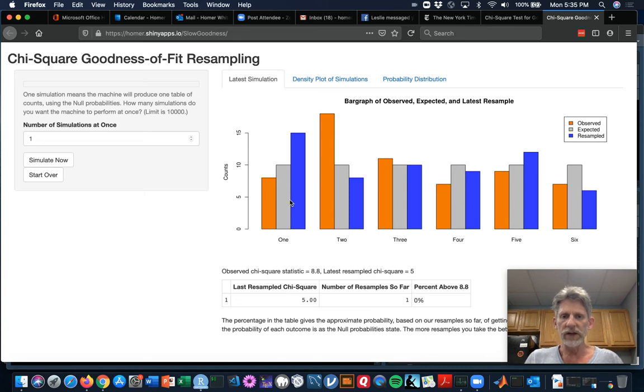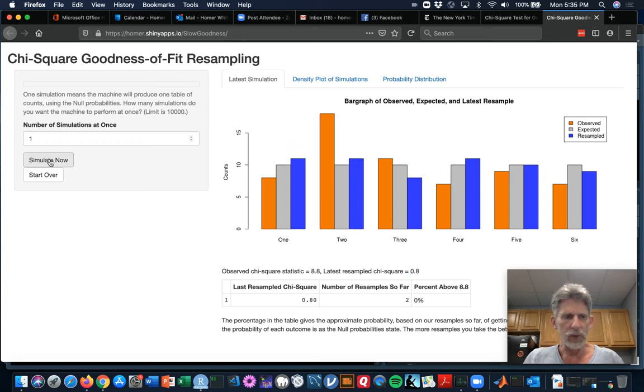The gray still stands for what a null hypothesis believer would expect when you have a fair die. The blue stands for what we got in our 60 rolls of a fair die. The chi-square statistic turned out to be 5. I'm keeping track down here of whether the chi-square statistic exceeds the 8.8 that we got with the gambler's die. This one did not. Let's simulate again.